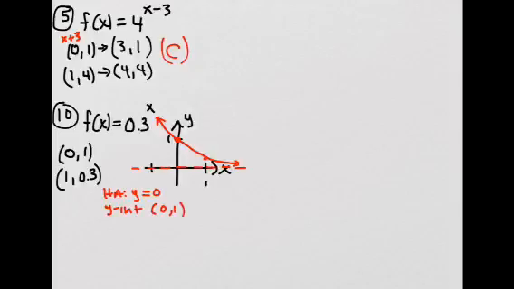It does not have an x-intercept because there's a horizontal asymptote. And then what else? The function is decreasing. Remember, when you read a graph, you always read it from left to right. And so from left to right, the graph is going down, down, down forever. Okay, so it's a decreasing function.